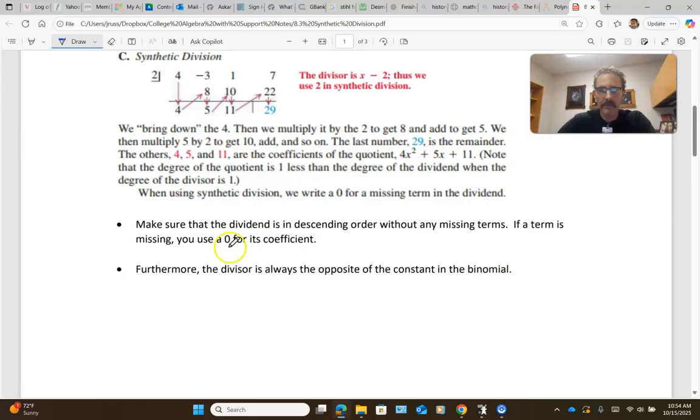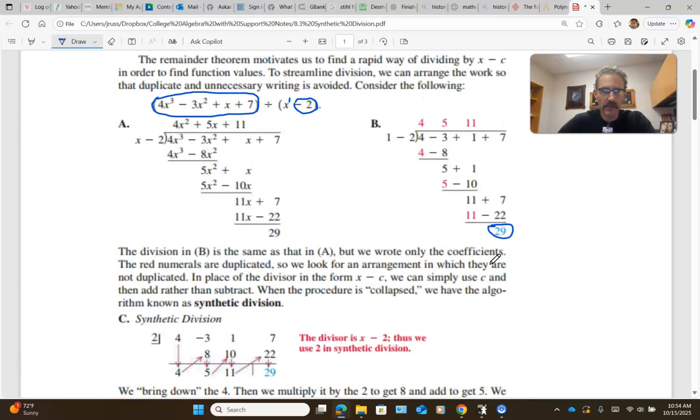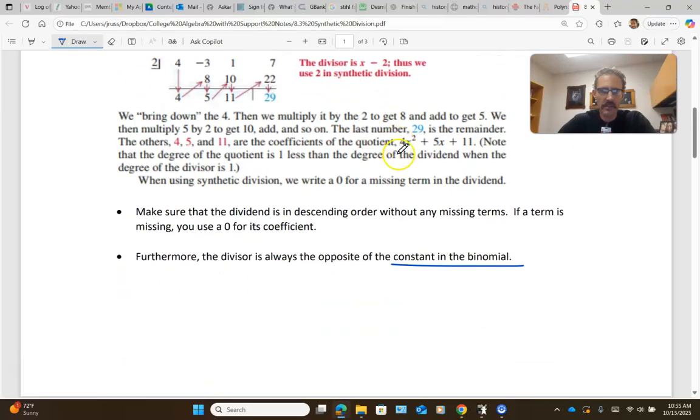And then furthermore, the number in the box is always going to be the opposite of that constant in the binomial divisor. So always the opposite of this number here. All right, so let's try one on our own. And we'll get some more practice because we're going to be using synthetic division.